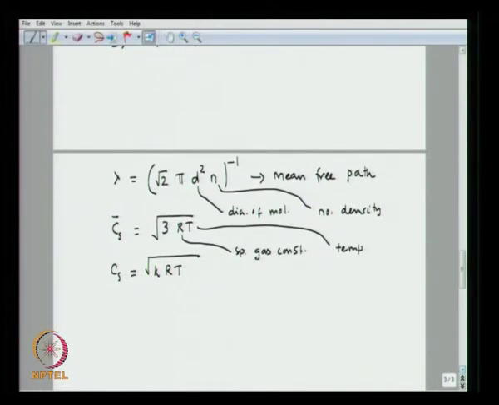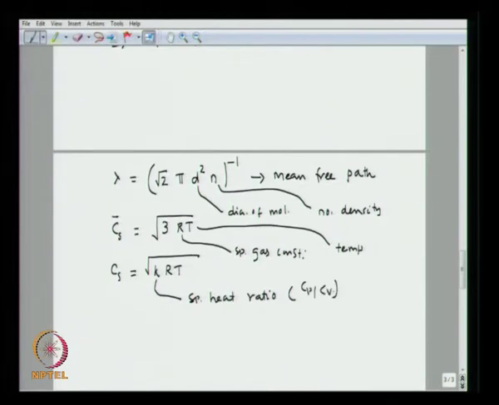The R here is the specific gas constant, and k is the specific heat ratio, that is Cp over Cv.